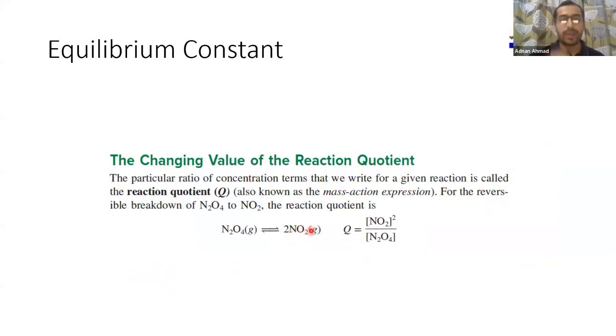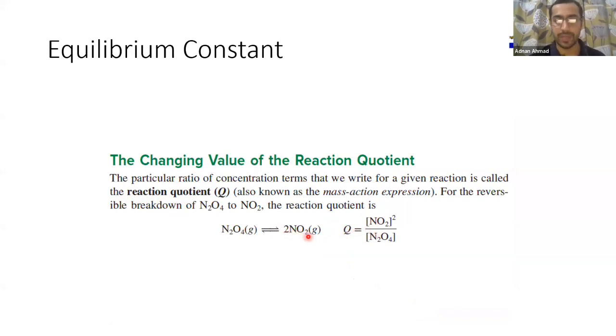Okay, so now we have two more points. We have the equilibrium constant expression, and then we have a quotient. So what is a quotient? The quotient is a value used when the reaction has not achieved chemical equilibrium, and we just write the values anyway.